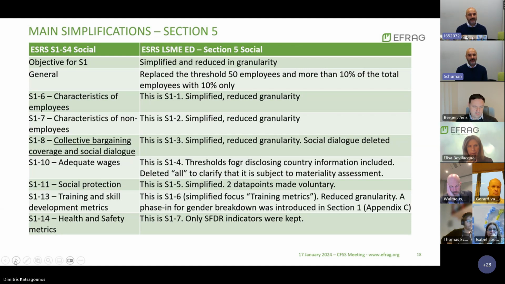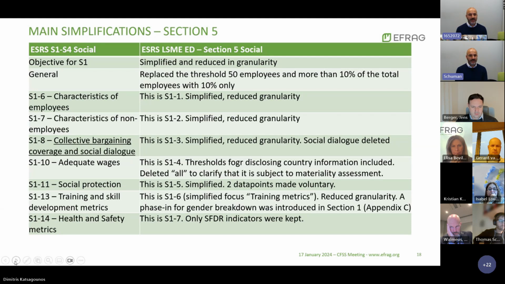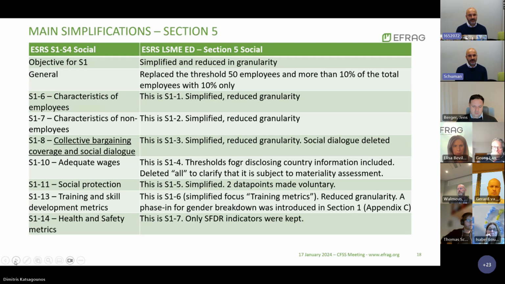For the characteristic of employees, we have the same content of set 1, but simplified and with reduced granularity. Same for the characteristic of non-employees. And for the collective bargaining coverage and social dialogue, we have the same content of set 1, but simplified and reduced the granularity. And we deleted the reference to social dialogue.